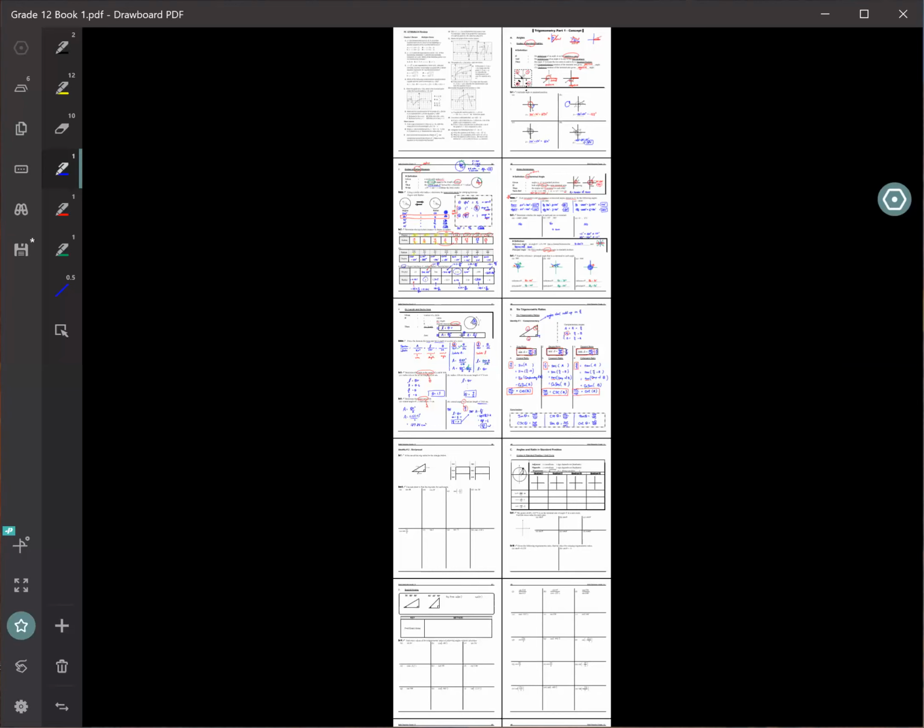Let's continue. Tiana, what is cosecant? Hypotenuse over opposite. Very good. So sine, cosecant, right? The flipping. Next one, William, what is cotangent?